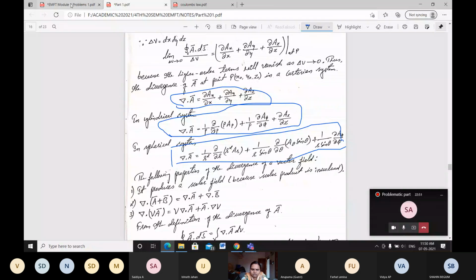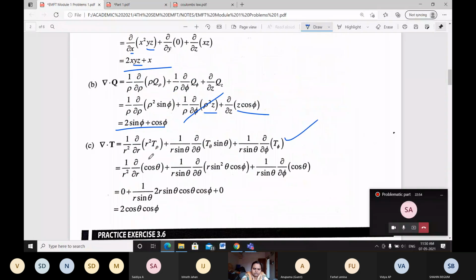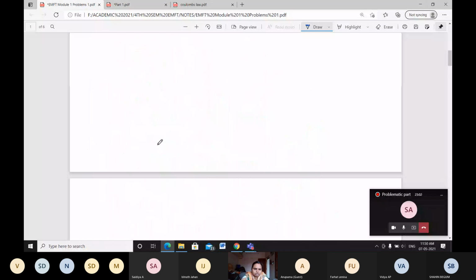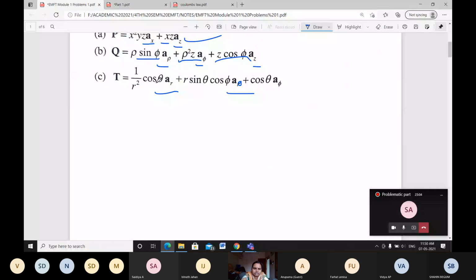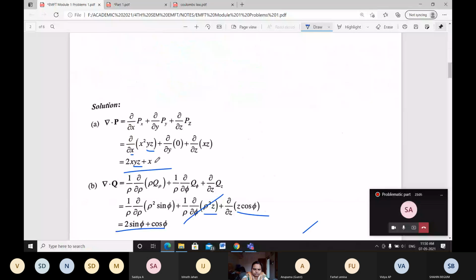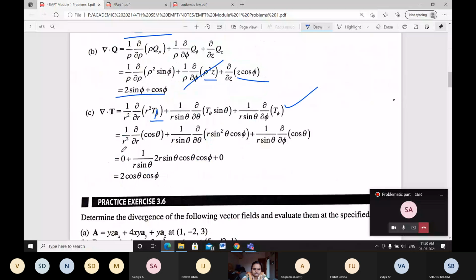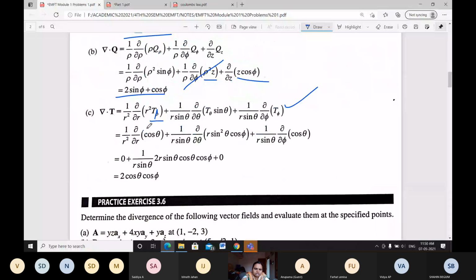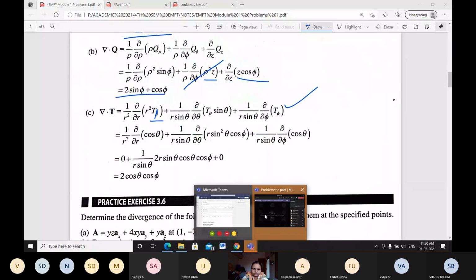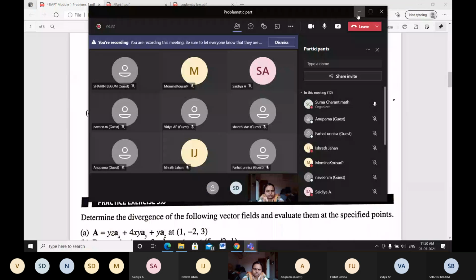The same thing is written here for T; it is taken as Tr, as T rho you can write anyway. Tr is 1 by r squared cos theta, that is what is written here. Cos theta is there, r squared is there, r squared cancels, then cos theta remains.